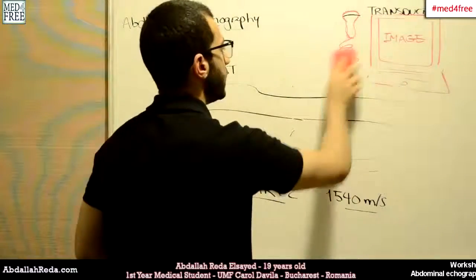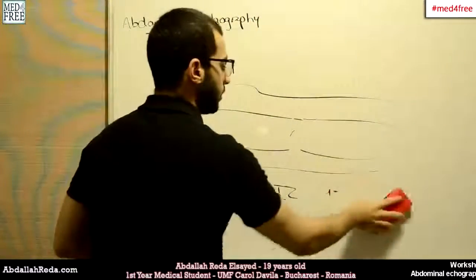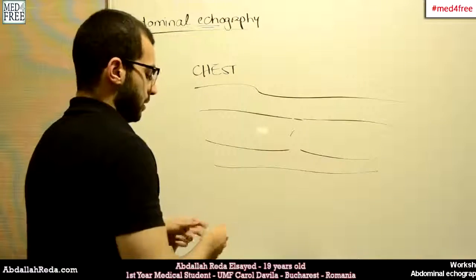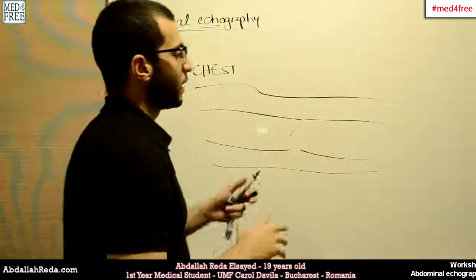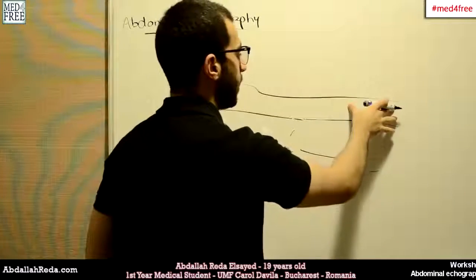So the procedure goes like this. You apply some gel on the probe in order to increase the area of contact between the probe and the skin of the patient.